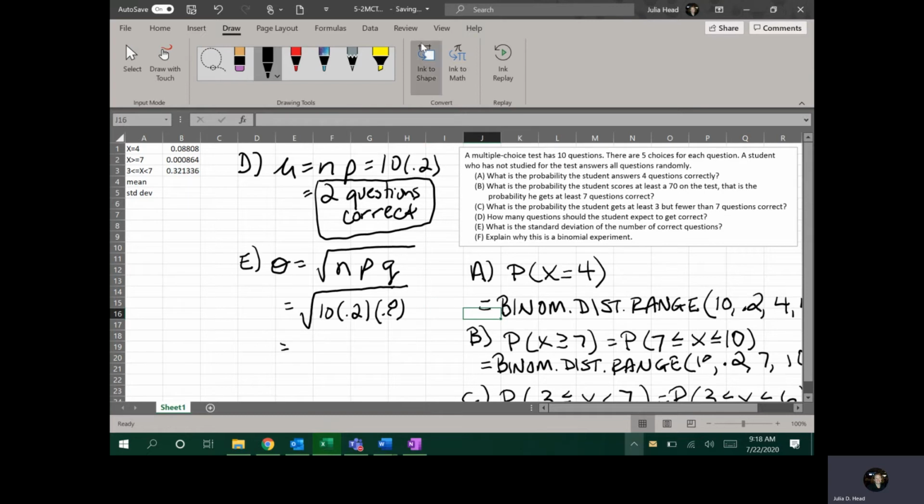And just to show my work in Excel, even though I did it in my head, the mean was 10 times 0.2, and the standard deviation, the square root of 10 times 0.2 times 0.8, or 1.26 questions correct.